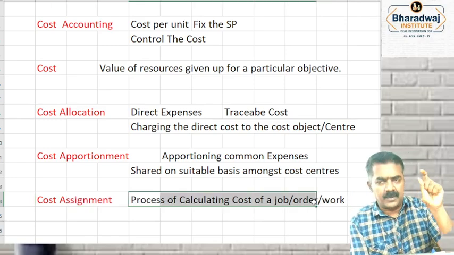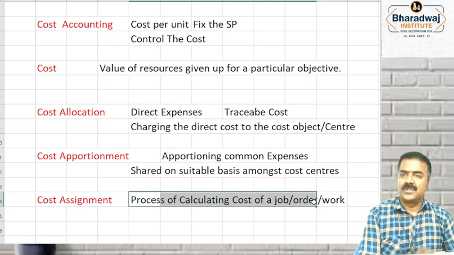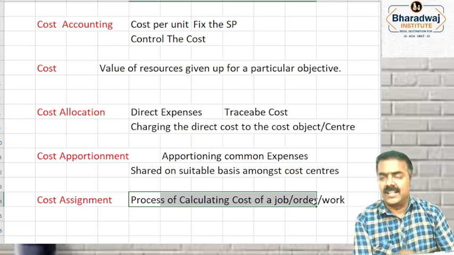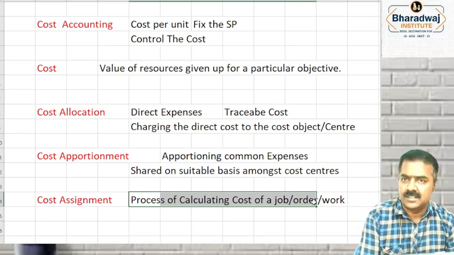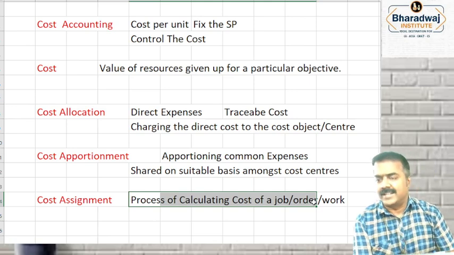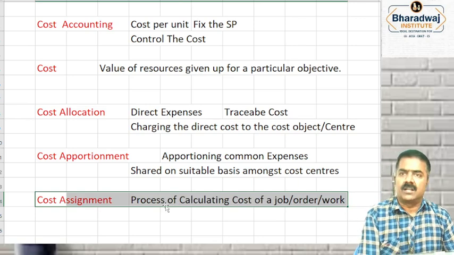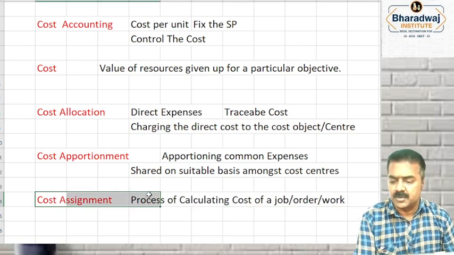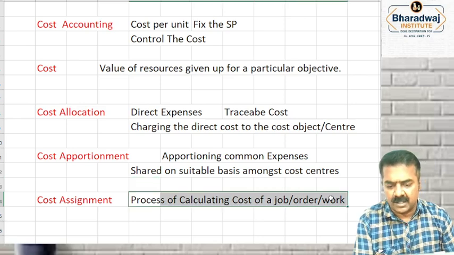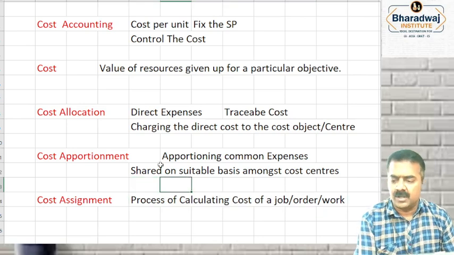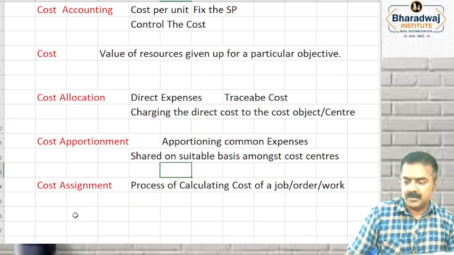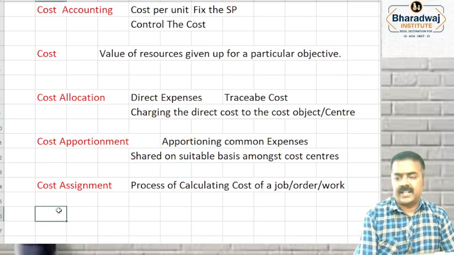I will work out the materials required, the labor required, then designing expenses, and other charges like packing and subcontracting expenses if there are any. Like that, I will calculate the cost of a particular job. That we call cost assignment. The process of calculating the cost of a job or a work is cost assignment. Take it.